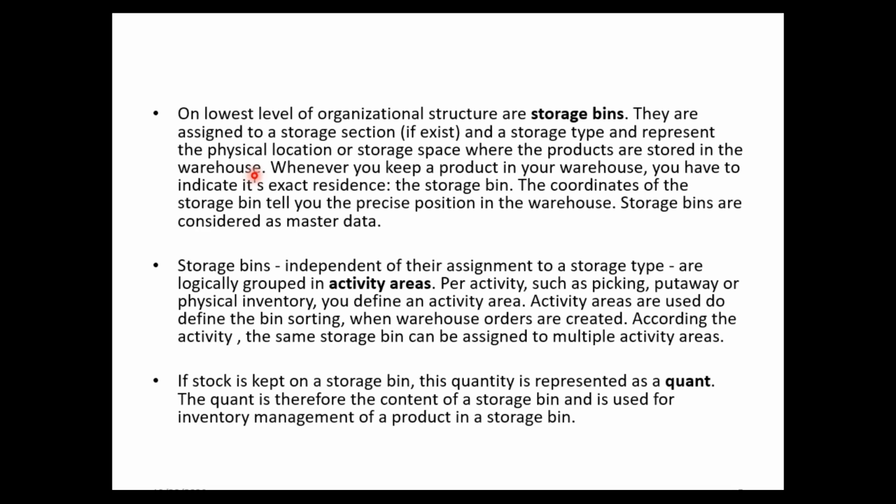Where materials are physically available. The physical location of the material is a storage bin. Whenever you keep a product in your warehouse, you have to indicate its exact residence, and that is a storage bin. The coordinates of the storage bin can tell you the precise position in the warehouse. Storage bins are considered master data.